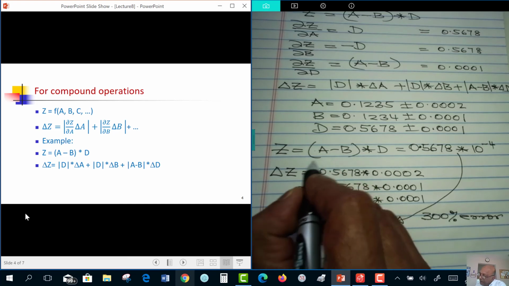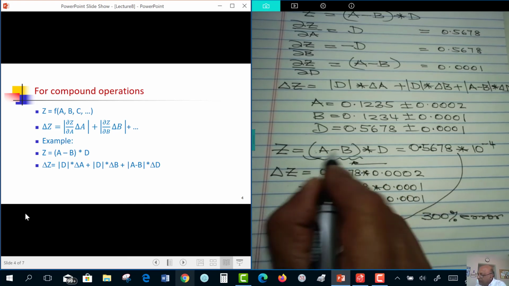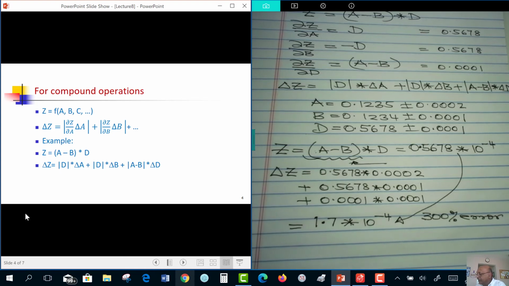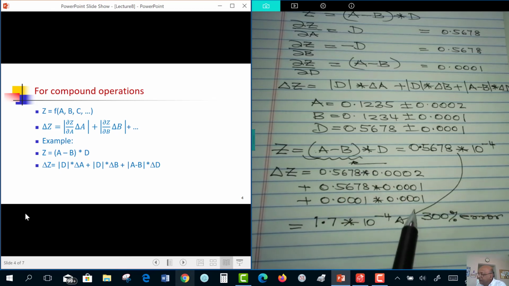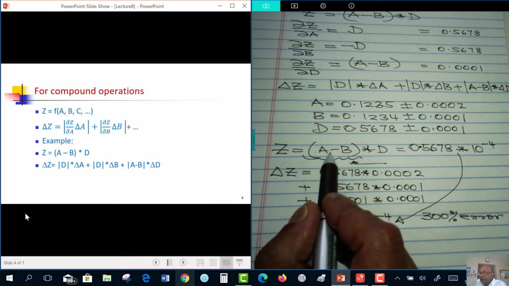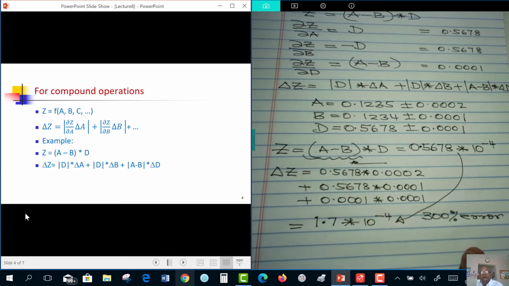What happened? The reason we got this was a minus b potentially had 300% error, and in multiplication we preserved it. So we got to be very, very careful whenever we are subtracting two nearly equal values.